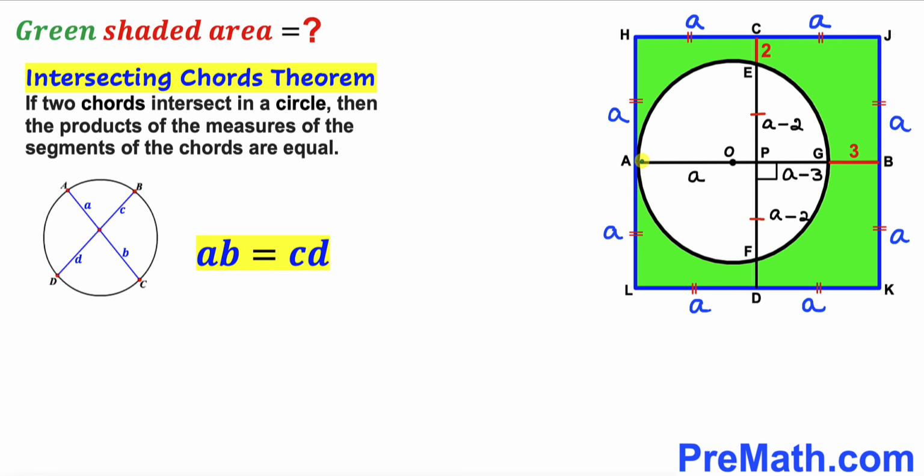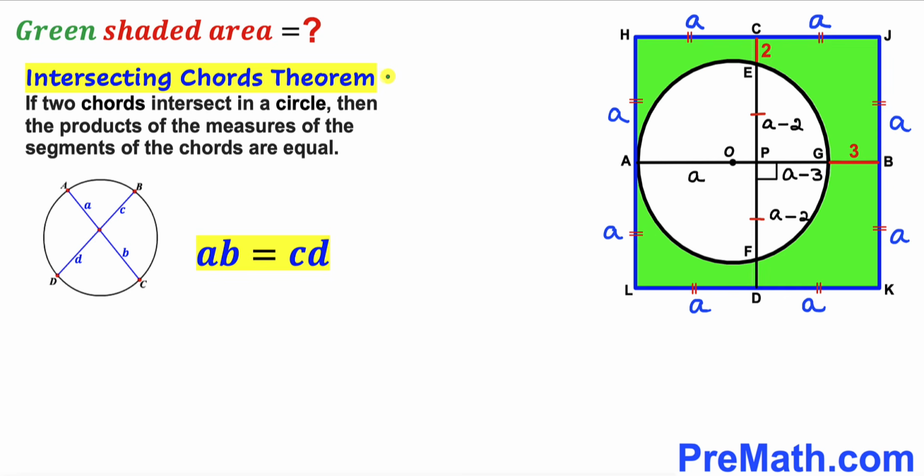And here we got these two chords AG and EF, and they intersect each other at this point P. And as a result, we ended up with these segments lowercase a minus 3, this segment a minus 2, and likewise a minus 2 as well.